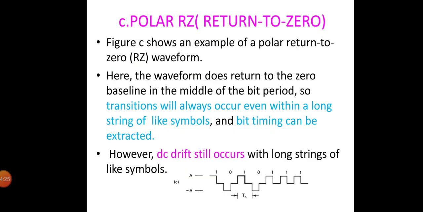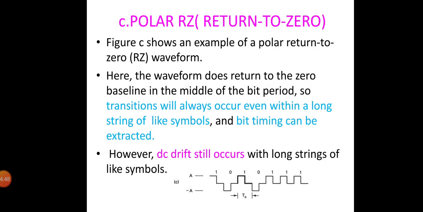Now let us see a return to zero waveform, that is, polar return to zero. This diagram shows an example of polar return to zero. Here the waveform does return to the zero baseline in the middle of the bit period. So a transition will always occur even within a long string of like symbols, and bit timing can be extracted.